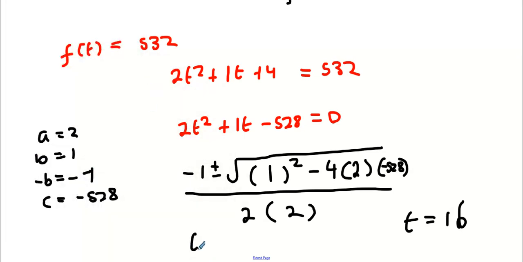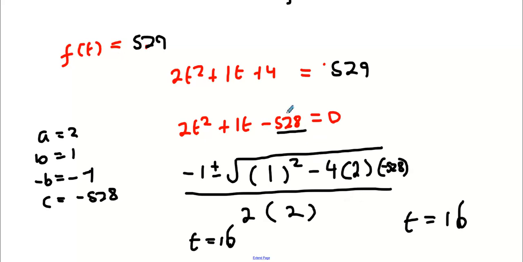It's not 532. It's 529. Read the question again. It's 529. 532 is what I got in my answer. So change the C value. What's the new C value?